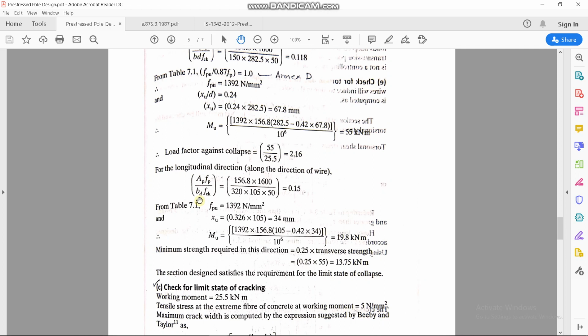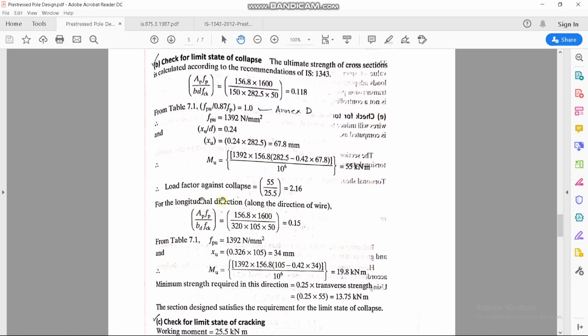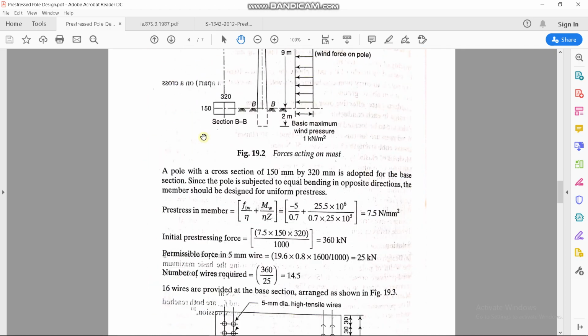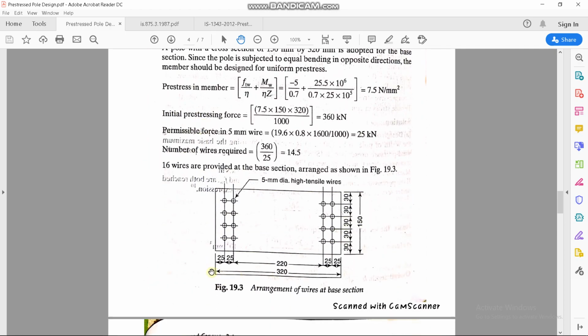Now the next thing that can be done here is the check for the moment in the transverse direction, right? Up to this point we have considered this as depth and this direction as width. But the other way around is also possible in certain cases.